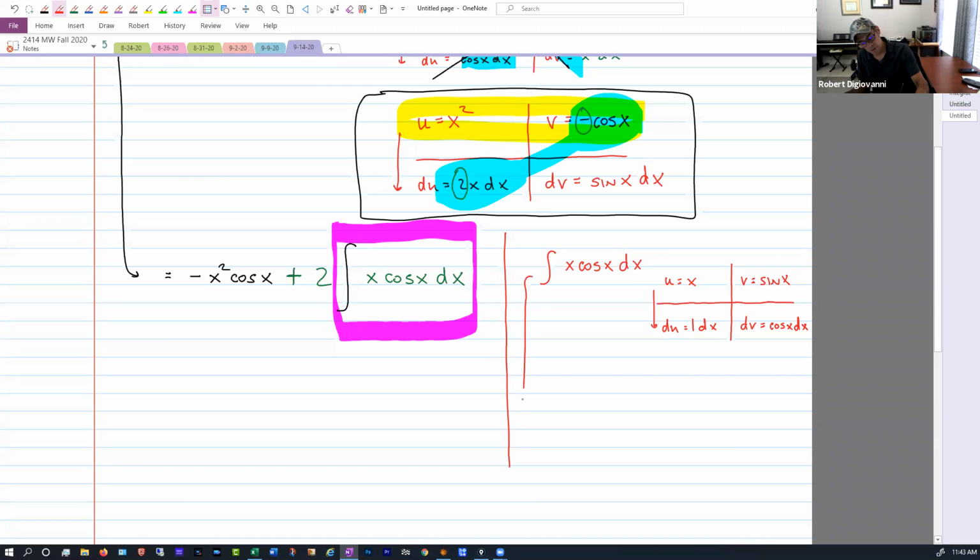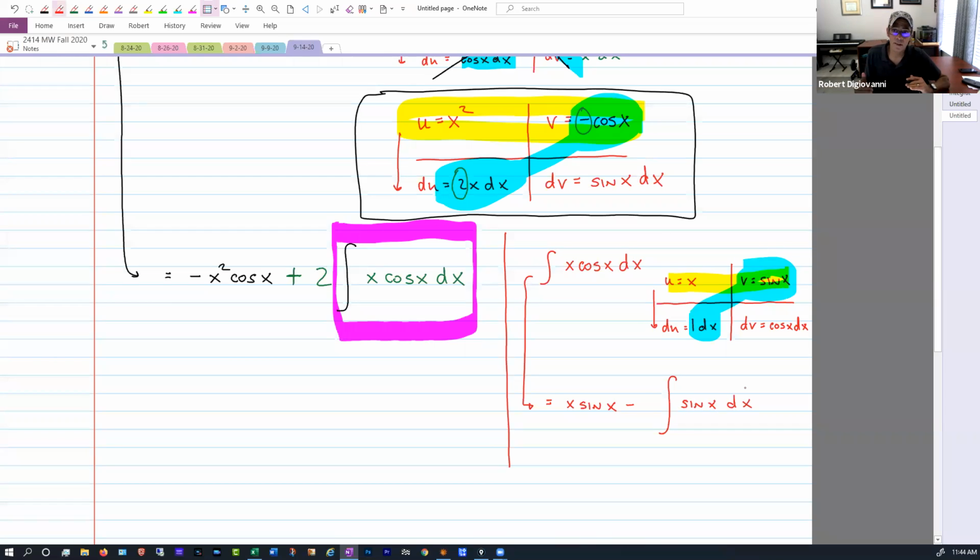And so this integral becomes uv, which is these two multiplied, minus, with a little bit of a space there just in case, the integral, and now voodoo. And that's just sine x dx. We're happy, aren't we?